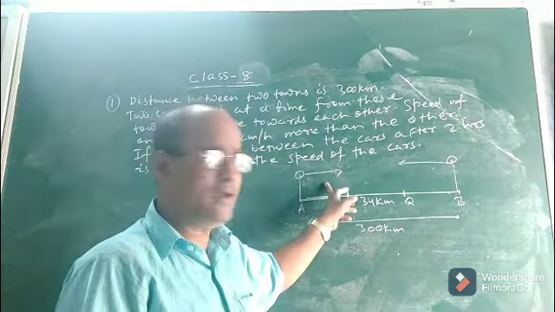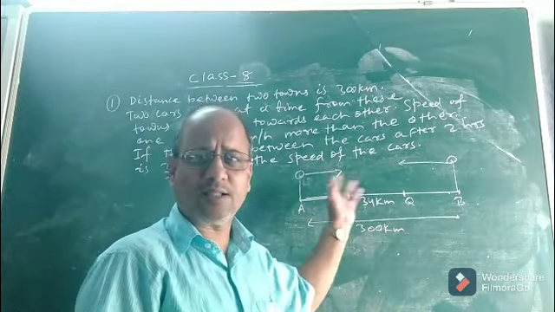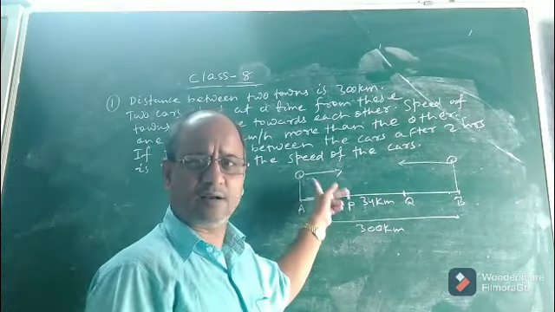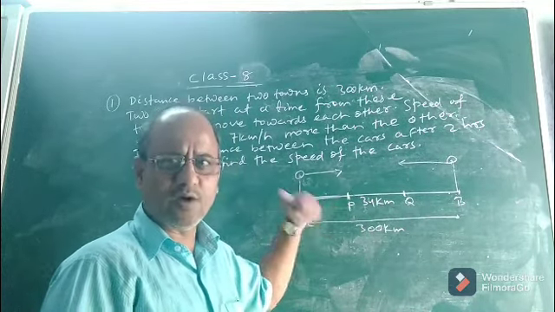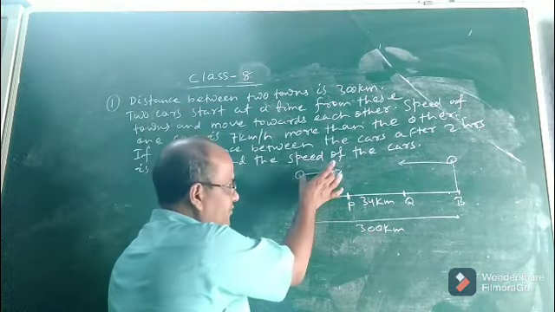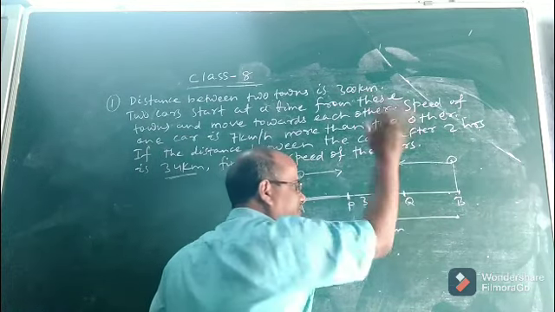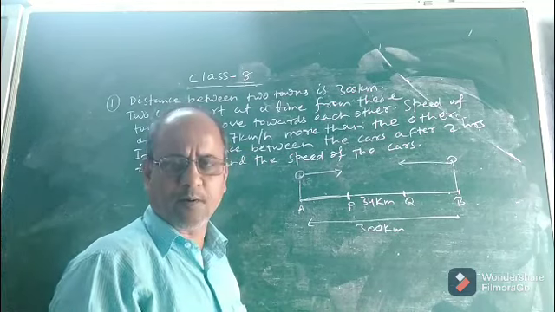See, children, it is given that the speed of one car is more than the other by 7 km per hour. So you can take the speed of any one car as x. You can take the speed of the car leaving town A as x km per hour, or leaving town B as x km per hour. It is up to you, no problem.